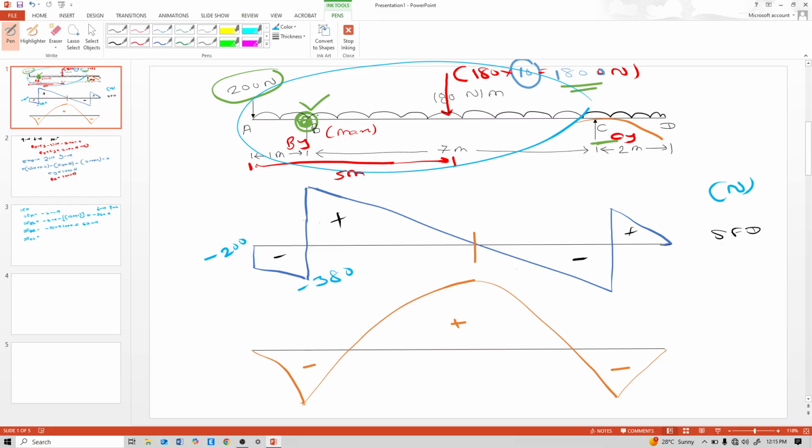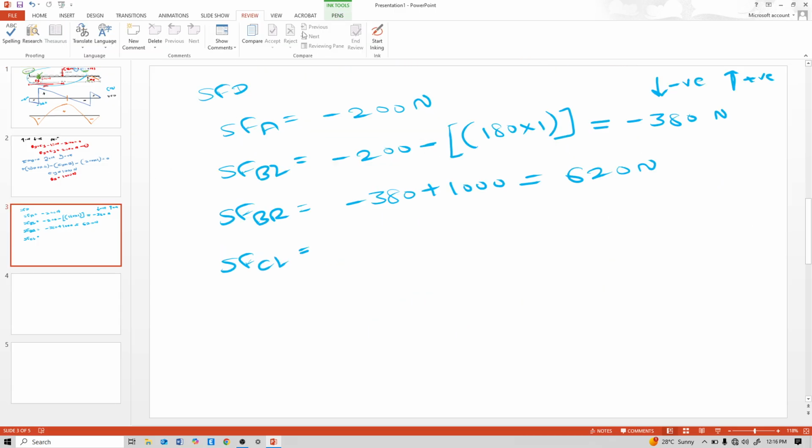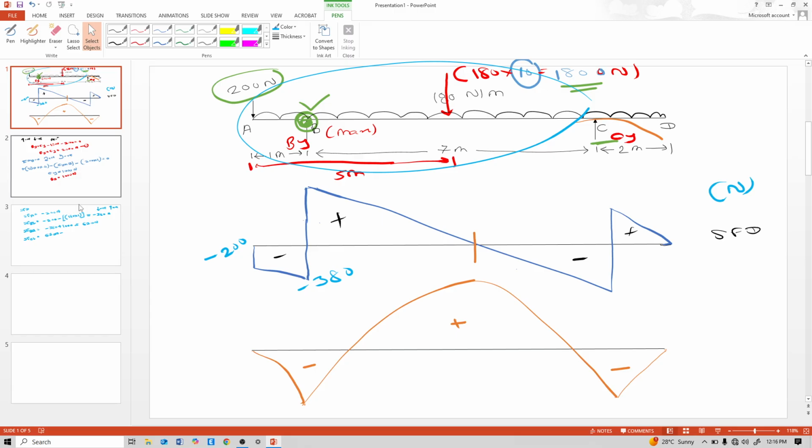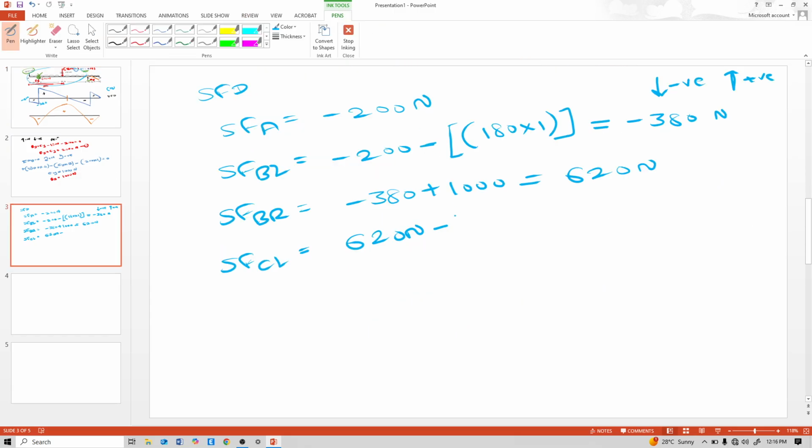So take this shear force and this load: this 620 Newton and minus 1800 Newton UDL. So it is 620 minus 1800, which is minus 1180 Newton.